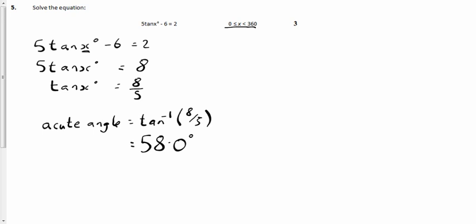Now, the whole point in this is the trig equations generate more than one solution. A variety of ways to get your solutions. The way we would be encouraging you to do it is to use your ASTC diagram.